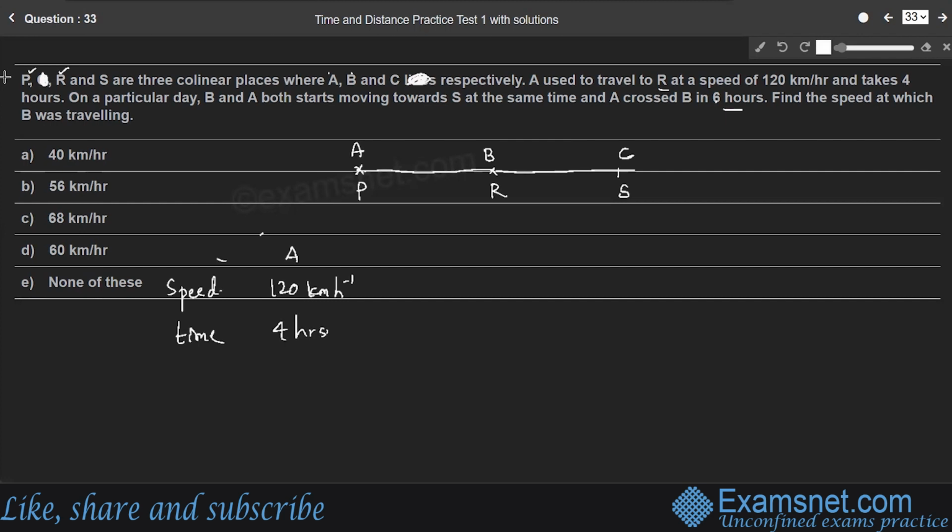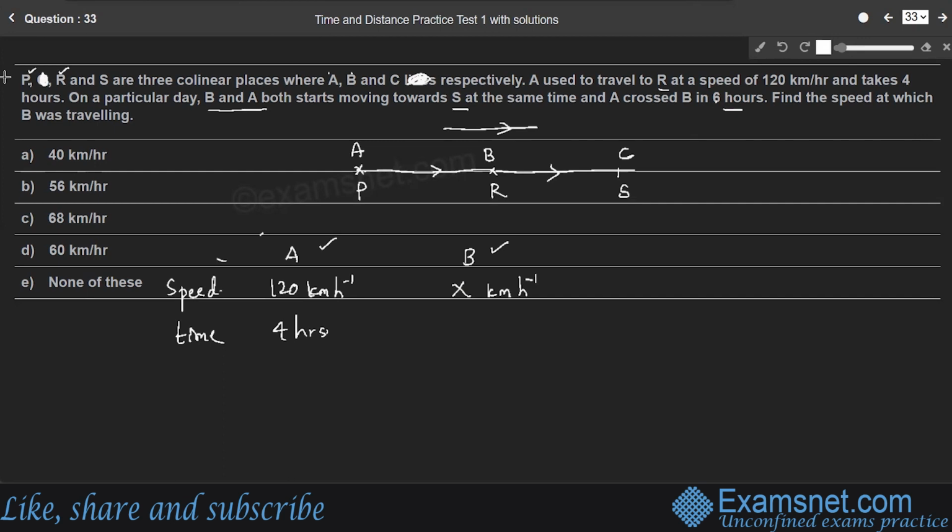On a particular day, B and A both start moving towards S. So B and A are moving in the same direction, towards S. Here, let us assume the speed of B as x kilometer per hour. A and B both are moving in the same direction with two different speeds. So now both start moving towards S at the same time, and A crossed B in 6 hours.